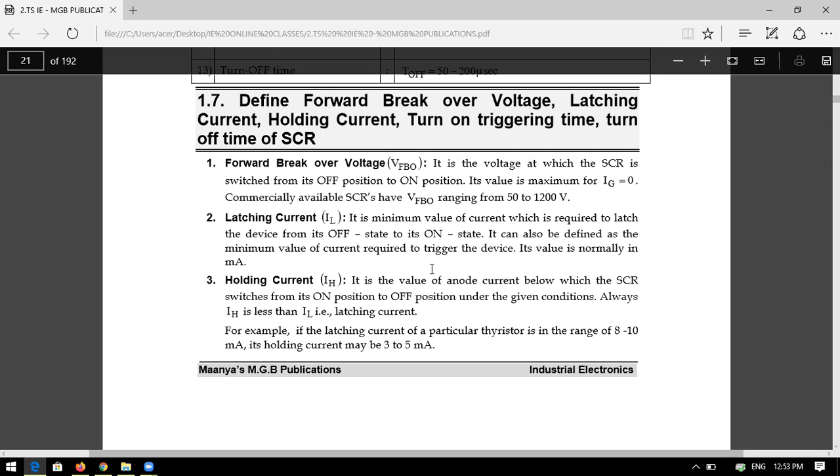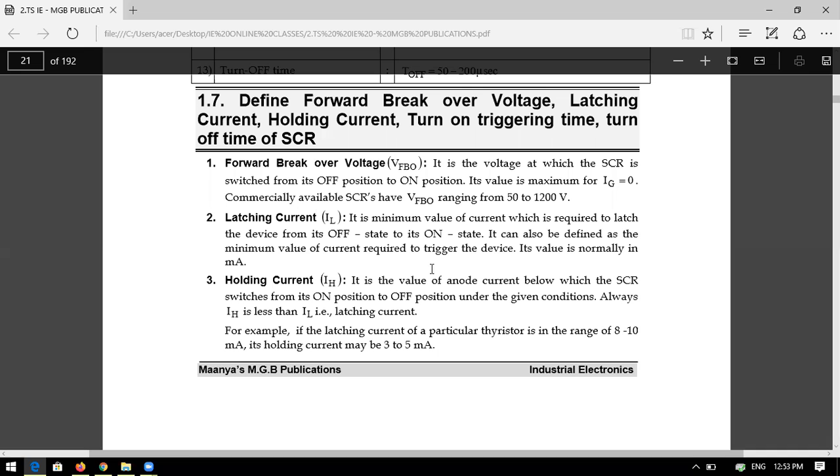Under given conditions, IH is always less than IL, that is, the latching current. That means IL is greater than IH. If the latching current of a particular thyristor is in the range of 8 to 10 milliamperes, then the holding current is only about 3 to 5 milliamperes.